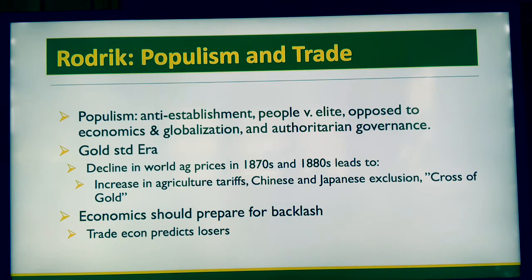The Chinese Exclusion Act from 1882, and then the Japanese were not fully excluded, but there were laws that limited their immigration in 1907 into the U.S., and then the famous Cross of Gold speech given by William Jennings Bryan, basically saying, are we really going to stick to this gold standard, right? So it was all this backlash against these things.